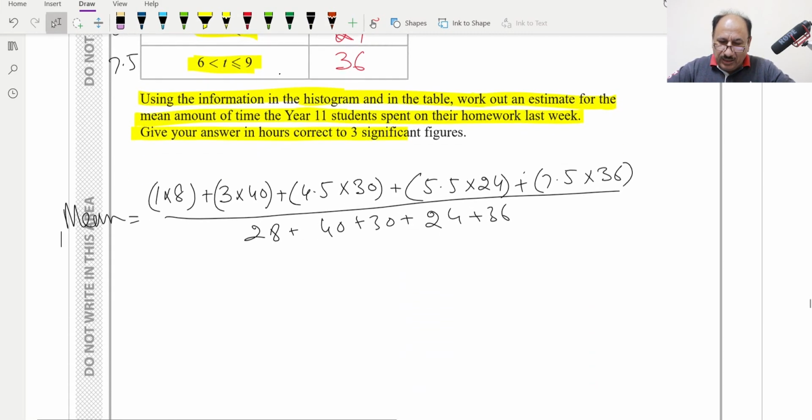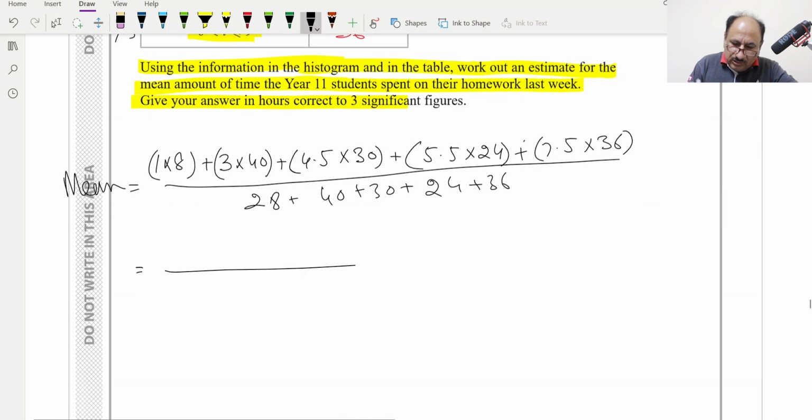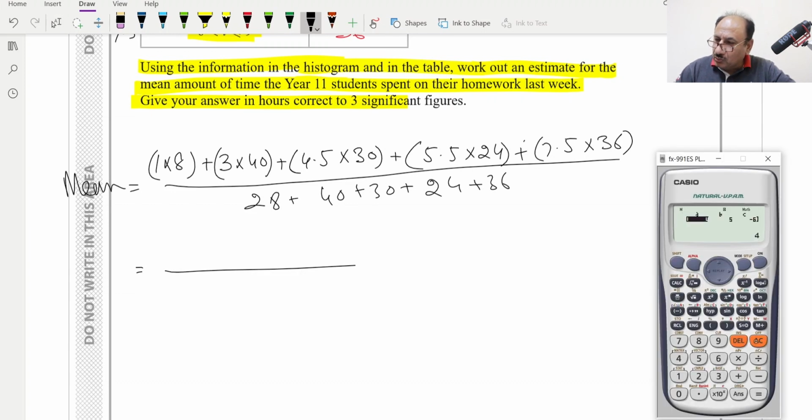Now we can add the denominator section first. So this will be 28 plus 40 plus 30 plus 24 plus 36 is equal to 158.